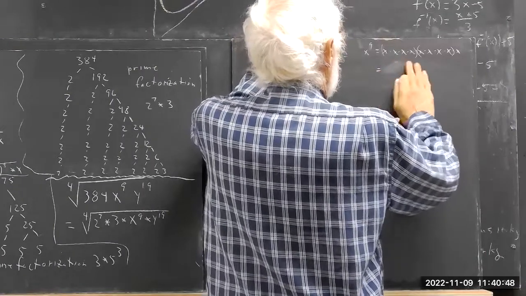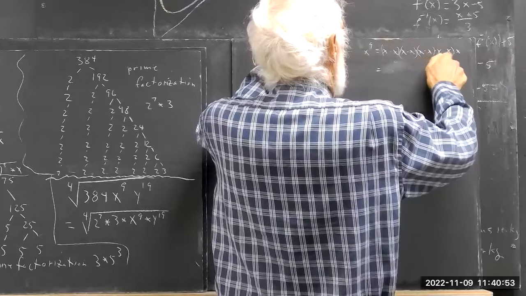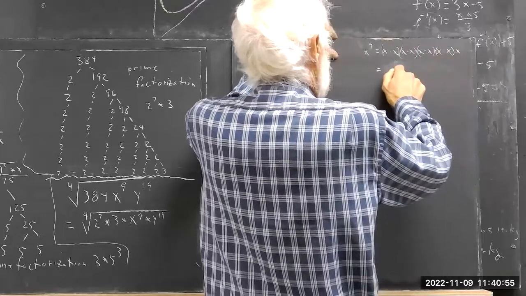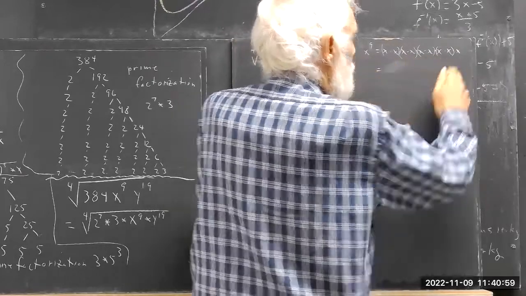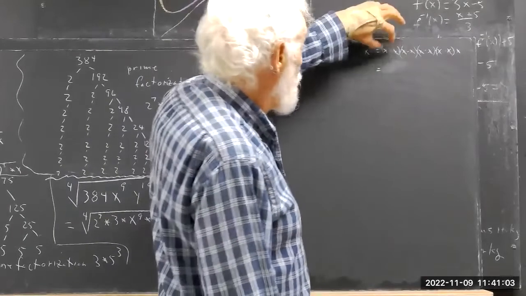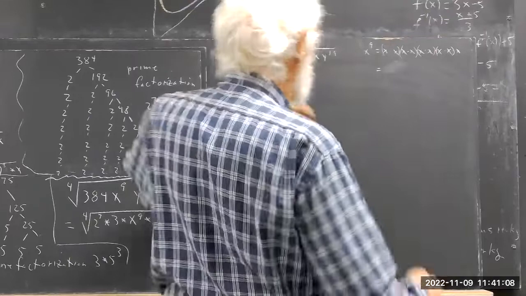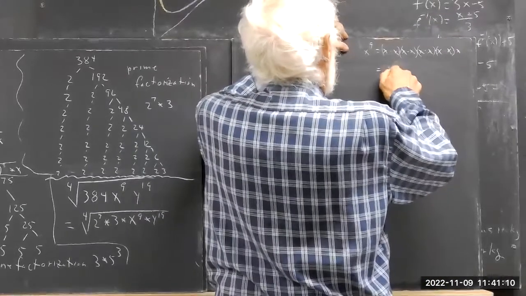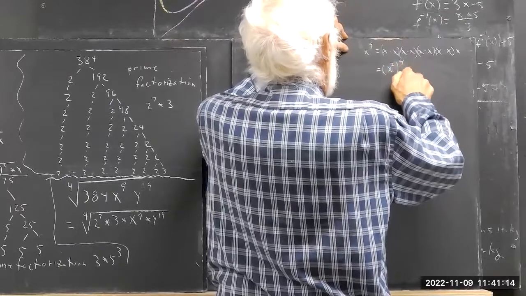Actually, it's not what I want to do. I want to make 4 groups of x's. So now I've got a 4th power of this thing, which is just x squared. So that's x squared to the 4th times x.